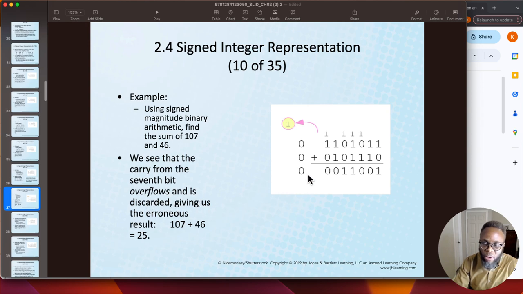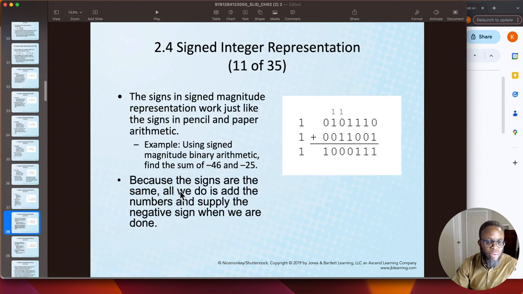Because remember, if this was an 8-bit system and we're talking about signed numbers, that most significant bit is used to store the sign. But given that there's an overflow, we have to discard it. This was important information, and because we discarded it, the result is not represented correctly. This is what we call overflow in arithmetic. Very important concept, overflows.